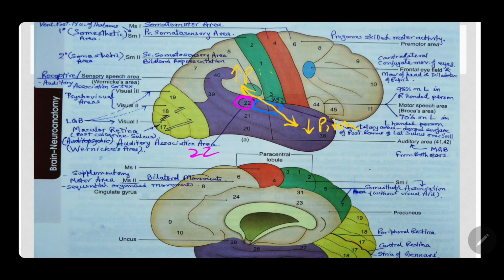This is for comprehension of sound waves of the auditory stimulus. Like if you are asking somebody a question, he understands what you are asking, right? That is what area 22 is for. And what he has to answer to your question, this area number 22 is helping you from his past collected memories.